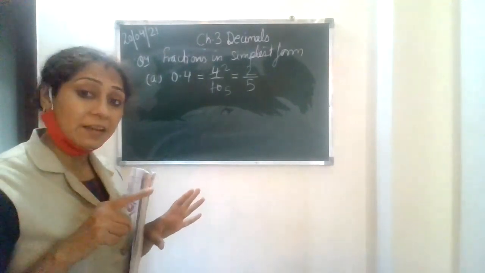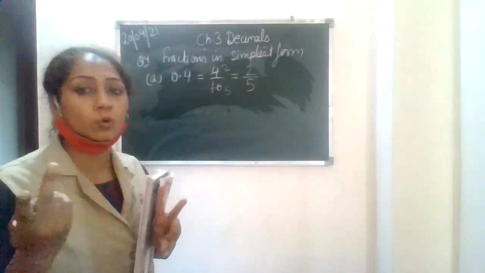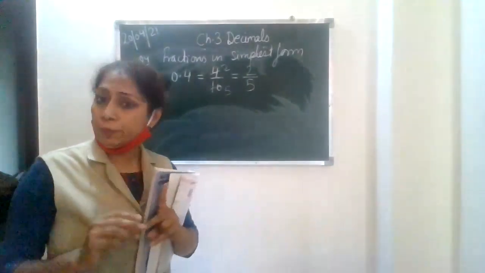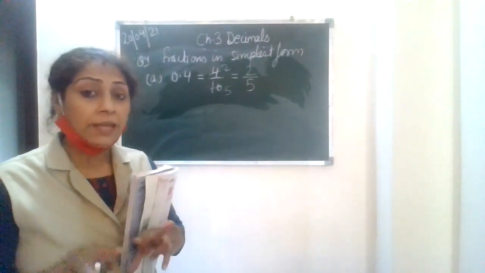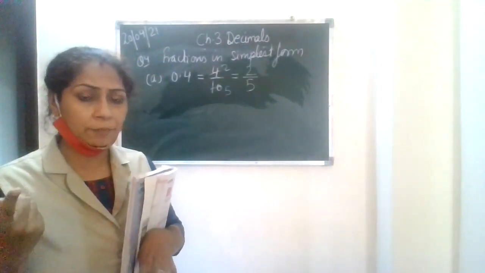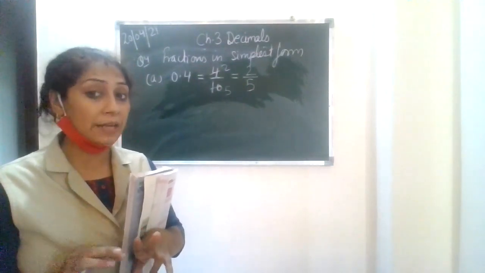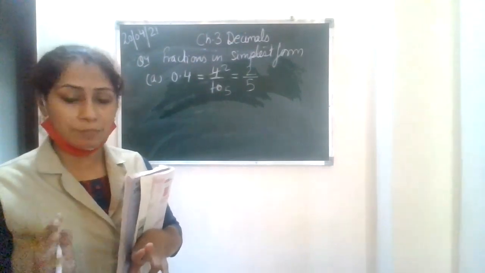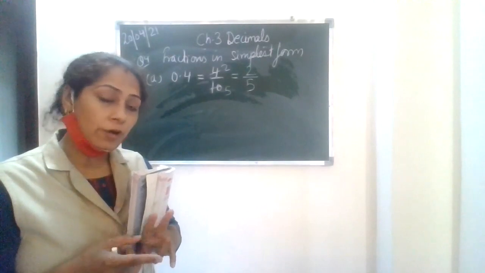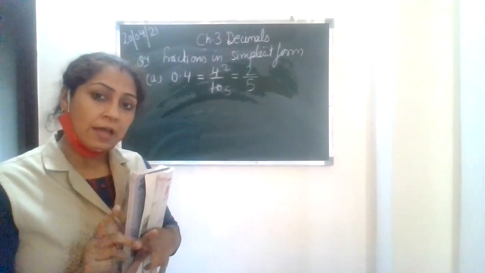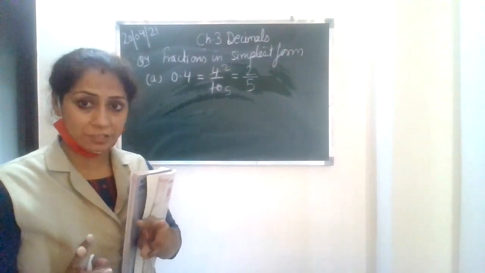Okay, you already started this in class 6. Co-primes are a set of 2 numbers. Co means a pair of two, okay? Co-primes are numbers when there is no factor other than 1 common between the 2 numbers. Here the prime number plays no role, okay? A prime number, as it is, has only 2 factors. But if you combine any prime with any other number, for example, prime 3 and 4, 3 and 4 have no common factor except 1.